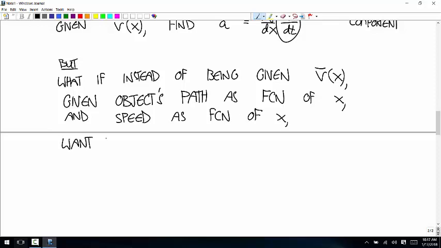And say we still want to find the acceleration vector as a function of x.